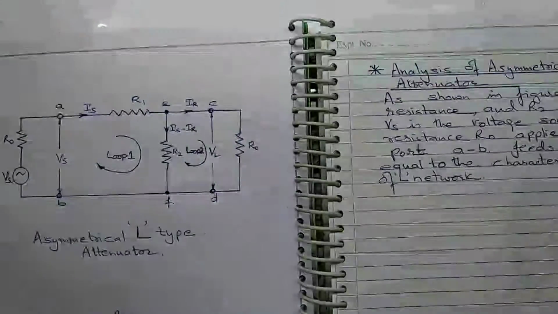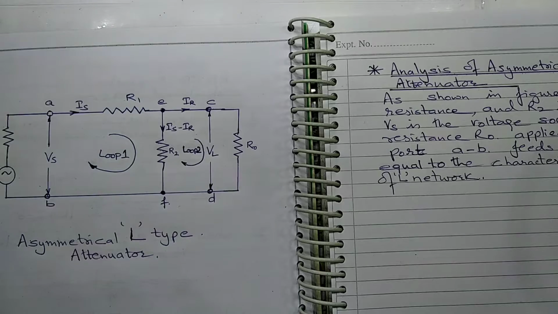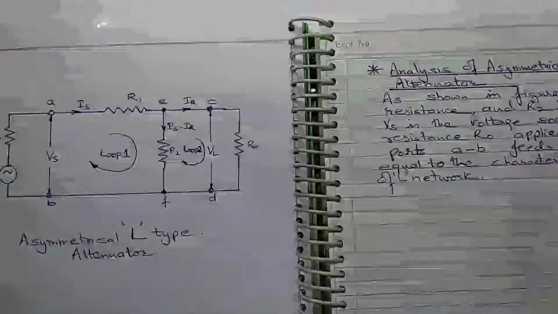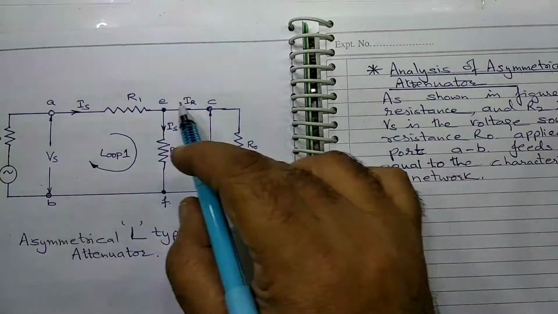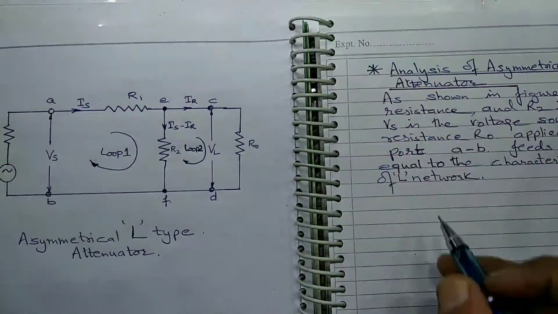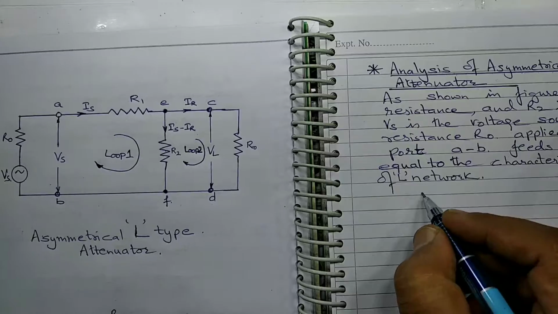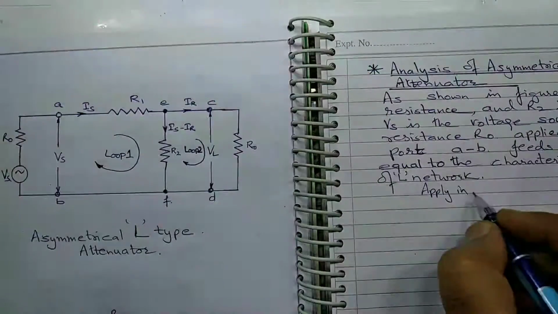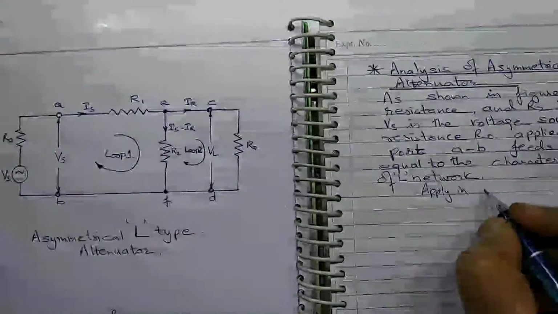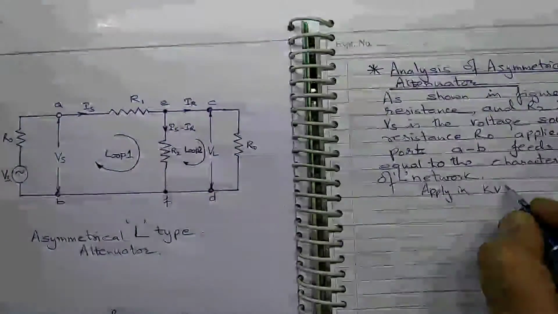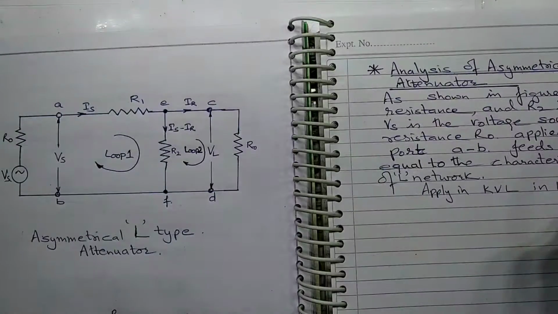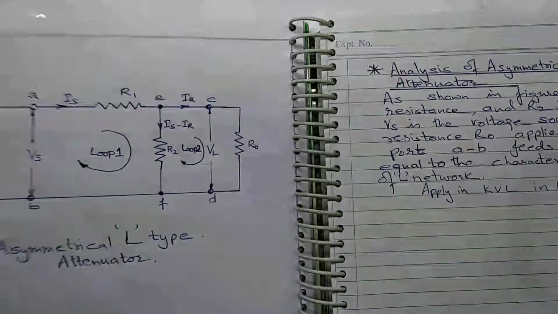Now, let us apply Kirchhoff's voltage law in loop CDEF, that is loop 2. So, applying Kirchhoff's voltage law KVL in loop 2, what do we get?